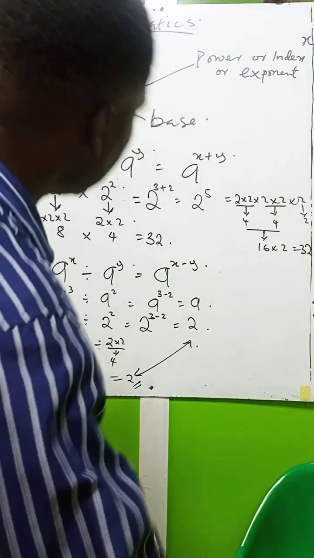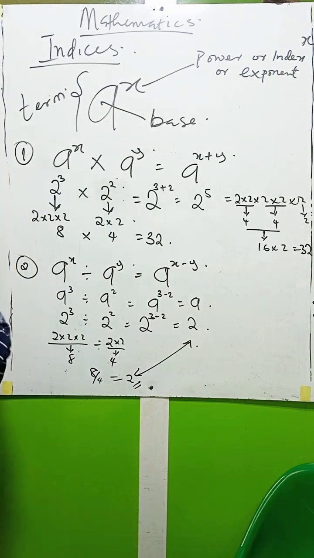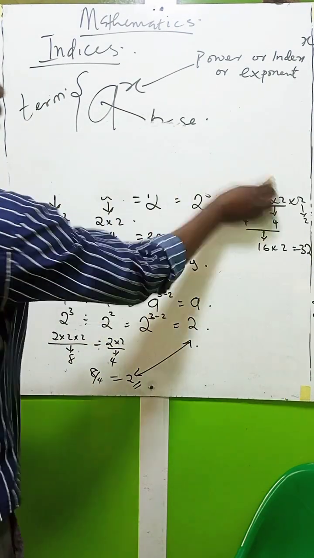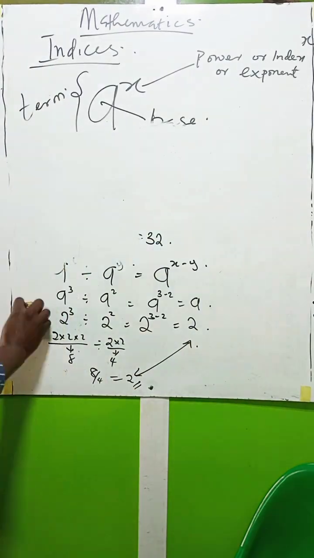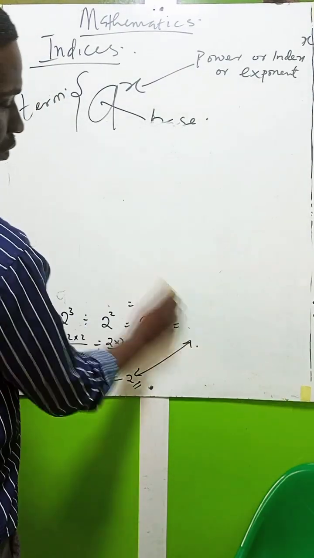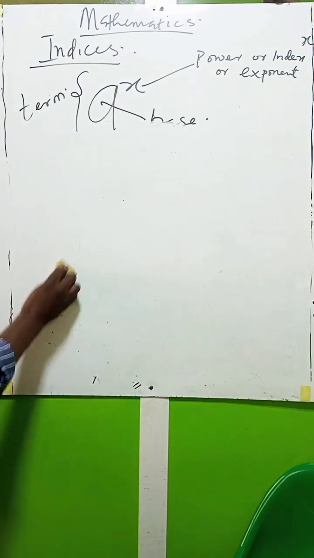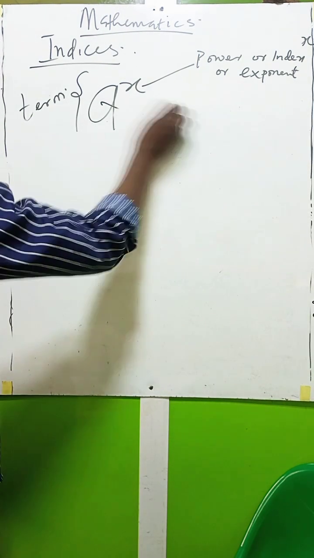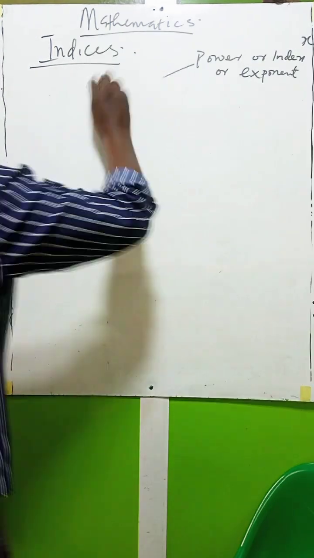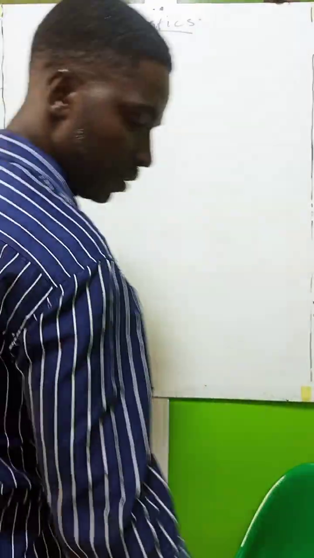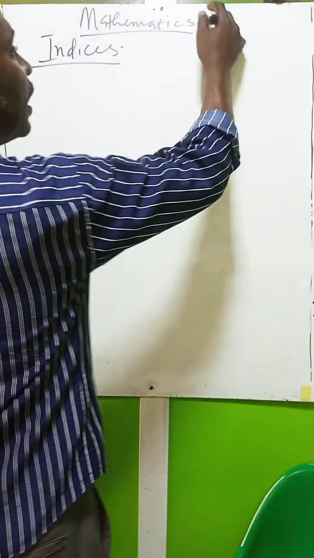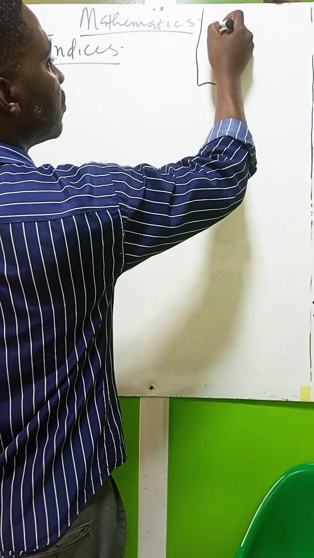Okay, let's proceed to the third law as we clean the board. Let's clean this as well to give us enough space to write. We can just note it here.